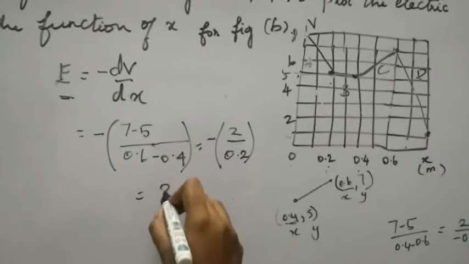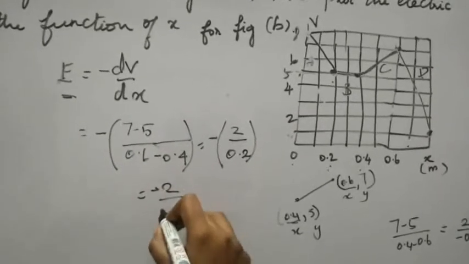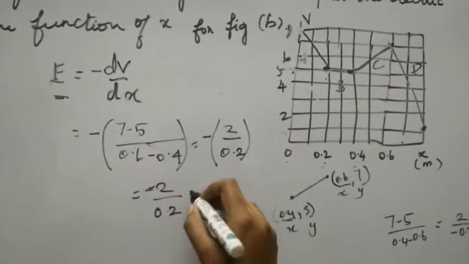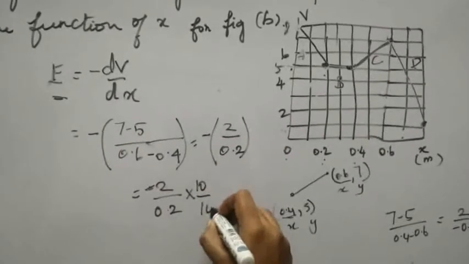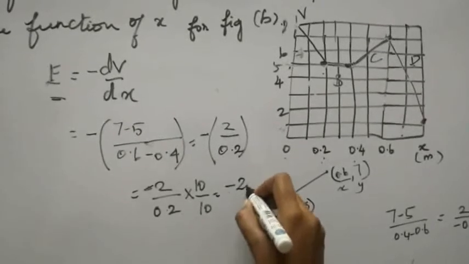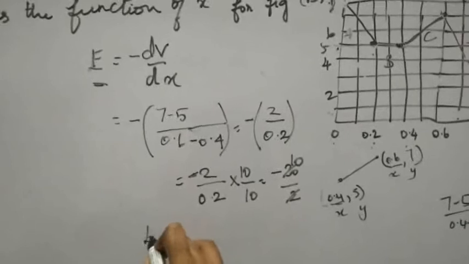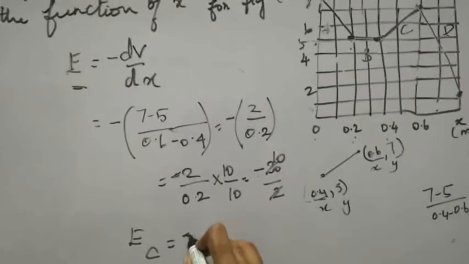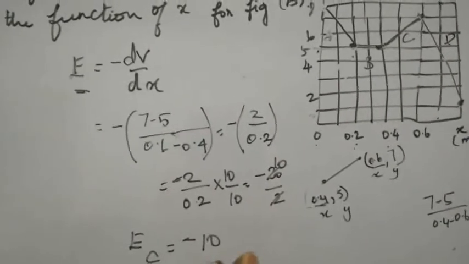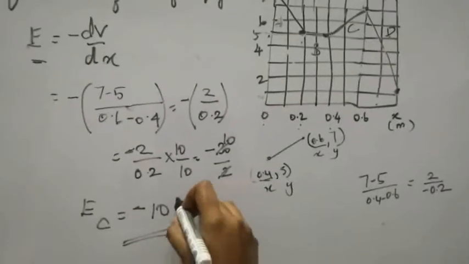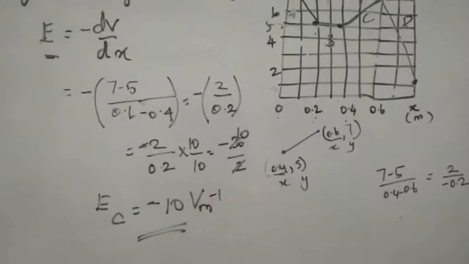So it is minus 2 by 0.2. To remove the decimal, multiply by 10 and divide by 10, you get minus 20 by 2. It is simply 10. So the electric field value in region C is minus 10. The unit is volt per meter.